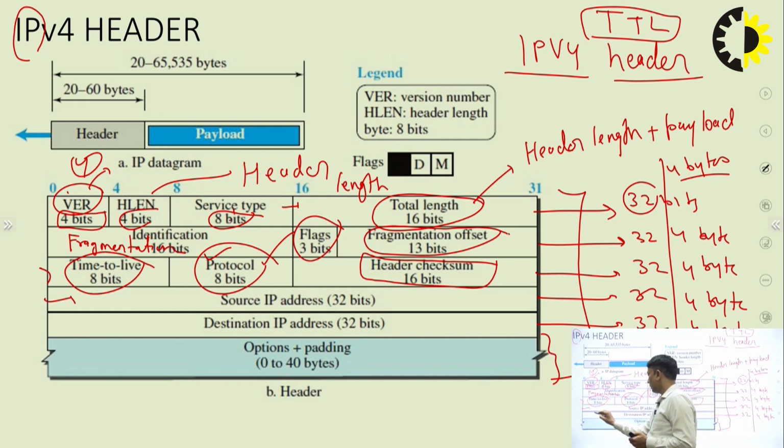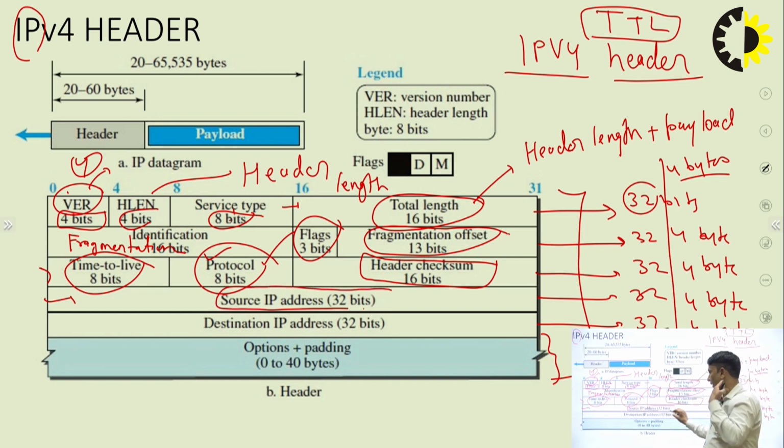Then the fourth row of 32 bit is for the source IP address, and the next, fifth row of 32 bit is the destination IP address. This is a very crucial field, because this is a packet switch network where IPv4 is used, where each and every packet follows different paths from source to destination.